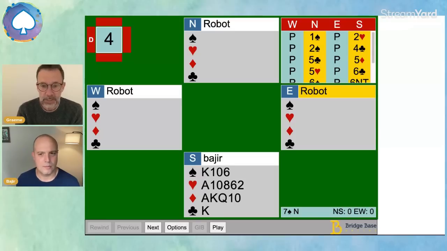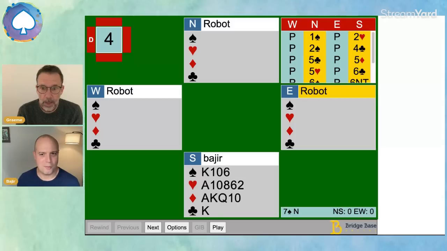It also says that you've got a singleton or a void in the suit you just bid. So that four club bid says I've got spade support and a singleton or void in clubs, and I'm interested in bidding a slam. So you've described your hand pretty well. You've shown spade support, you've shown that you've got a heart suit, and you've shown that you've got a singleton club. That's a pretty good description of your hand.